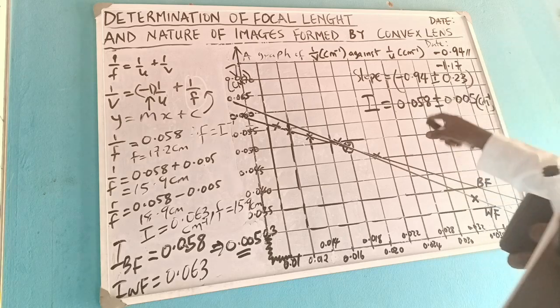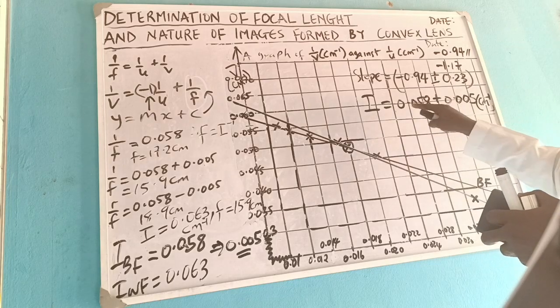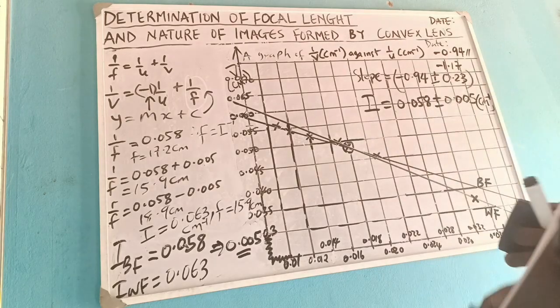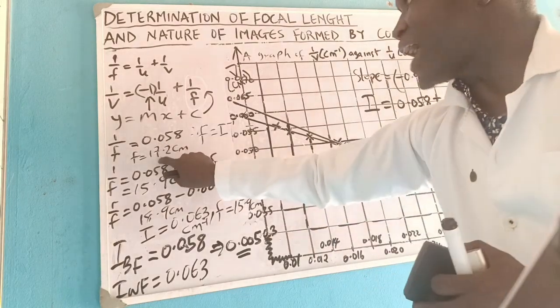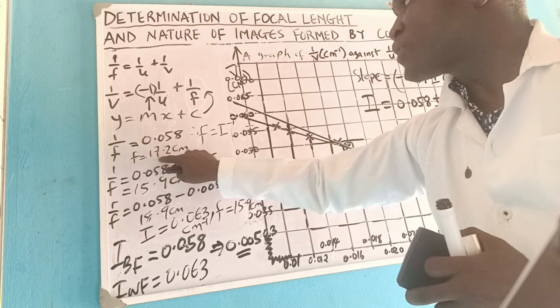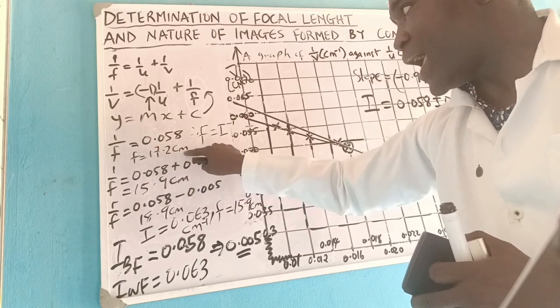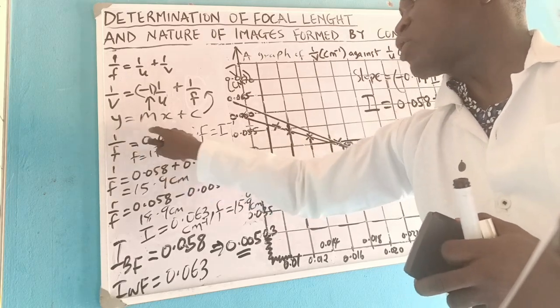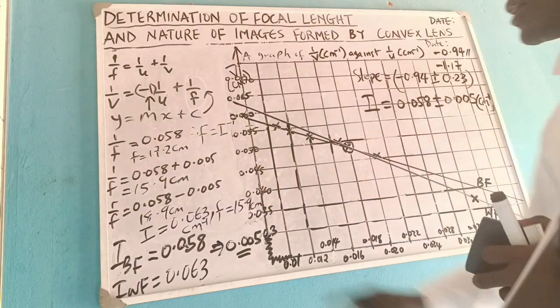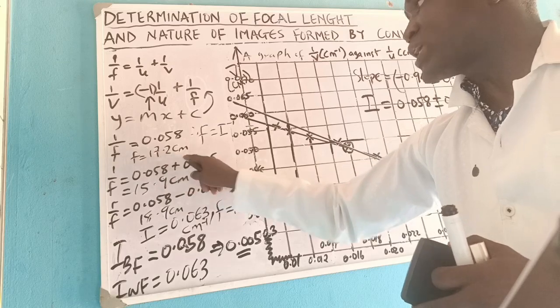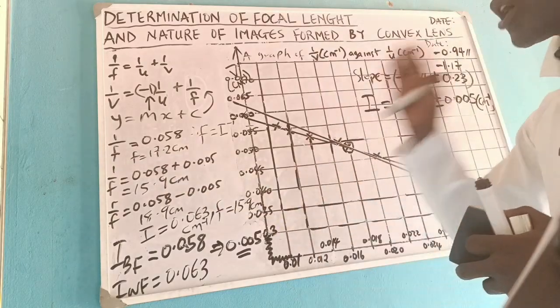It is meant for the examiner to use what you have here to judge you. Even if you write my focal length is equal to 17.2 cm and my intercept is 0.058, as it is, even if you leave it like this and say focal length is 17.2 cm, it is not wrong. You are very correct.